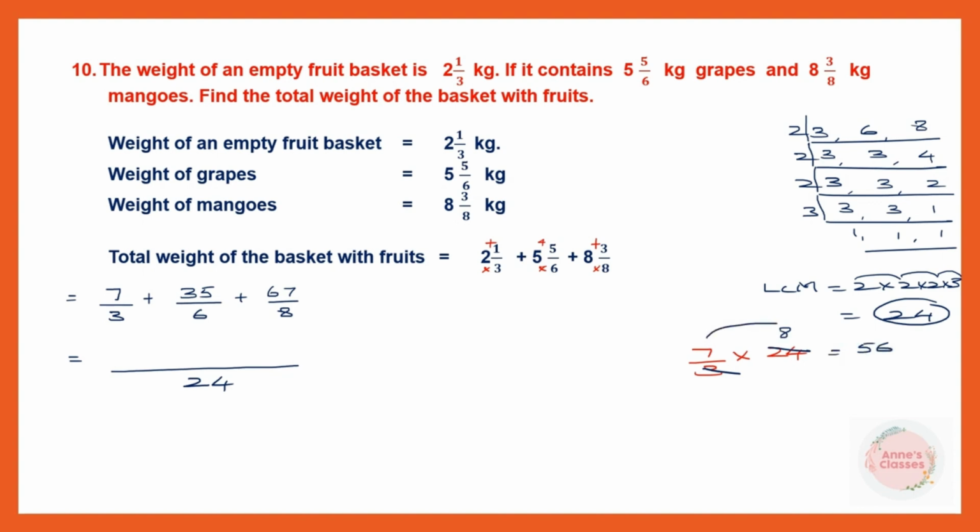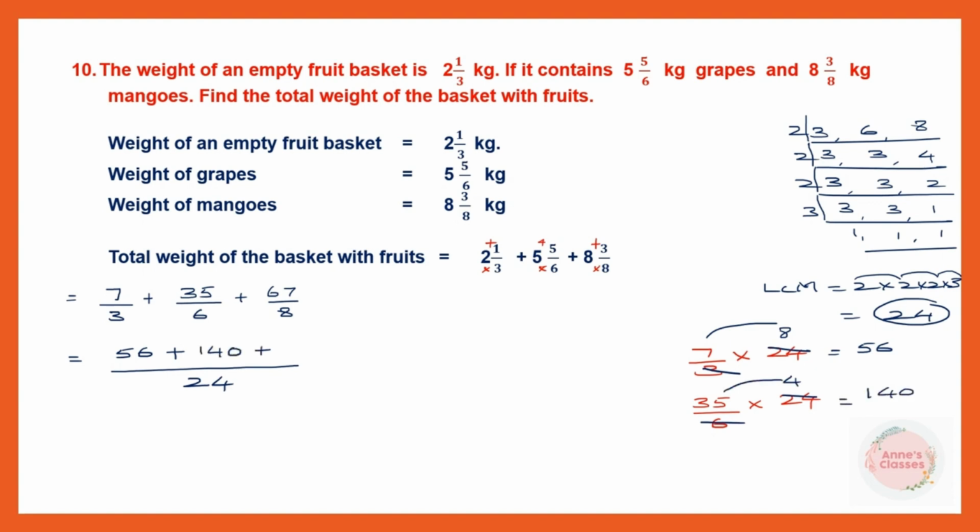So the first numerator here is 56 plus, let's go to the second rational number which is 35 by 6. So let's take that 35 by 6 and multiply this with the LCM. Now cancel, 6 4s are 24. Now multiply 35 into 4, it's 140. So let's write that 140.